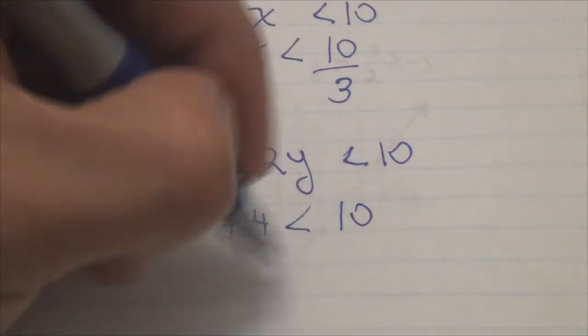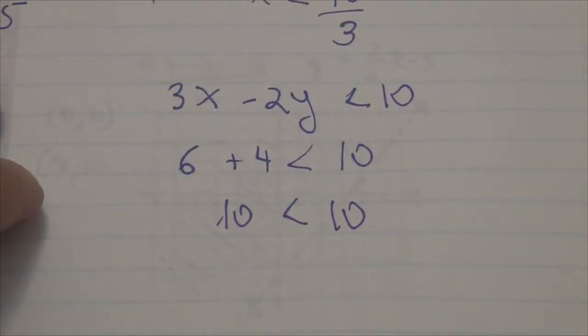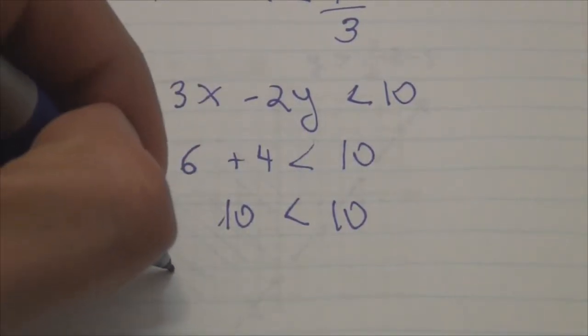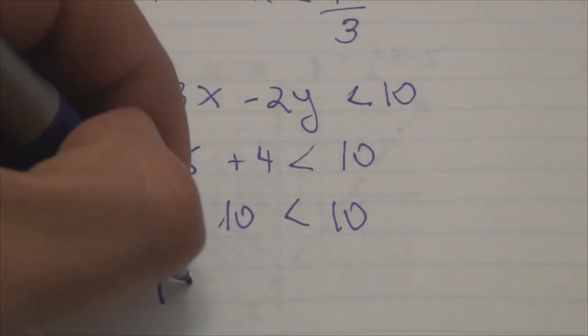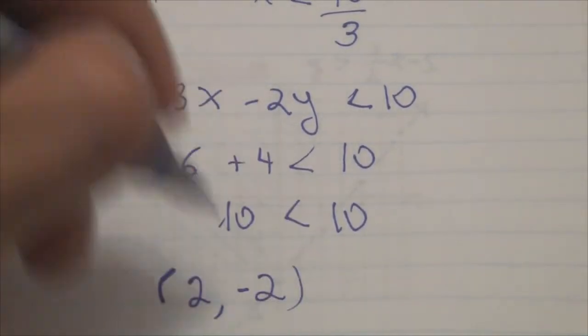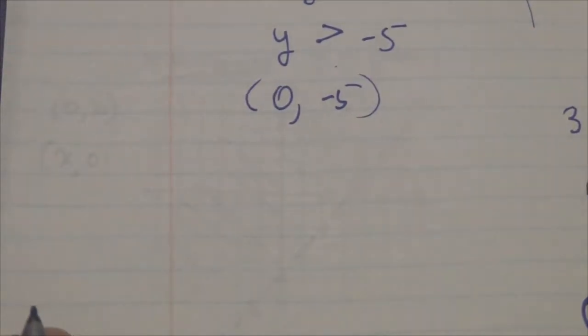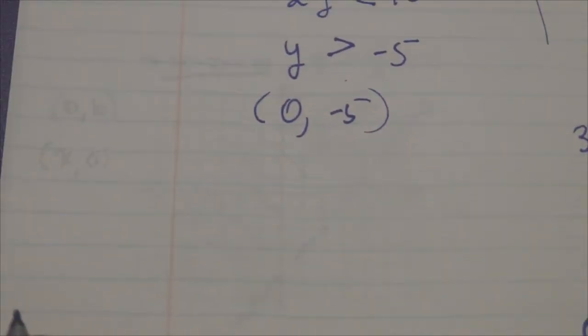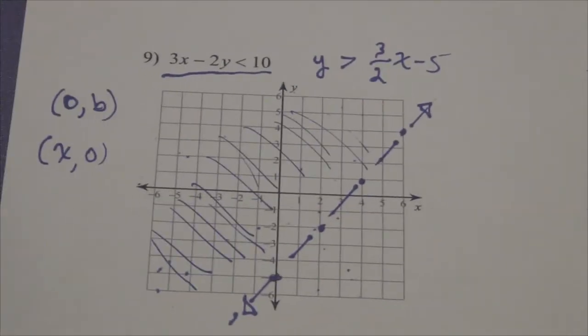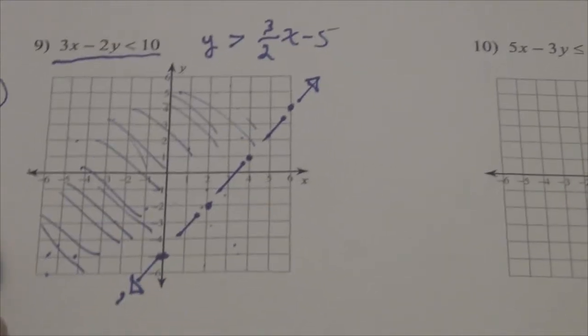Okay, and pretend that this is an equation and it's solved. All right, so that means I got another point. I got the point 2, -2. All right, this works. And then I had this one, so then I'm gonna go to the graph and I'm gonna do 0, -5 and 2, -2. So let's see if it worked.